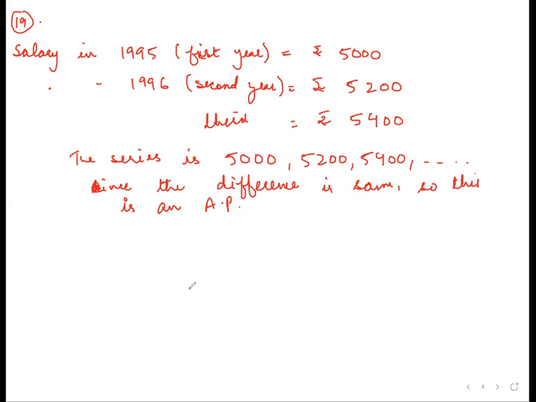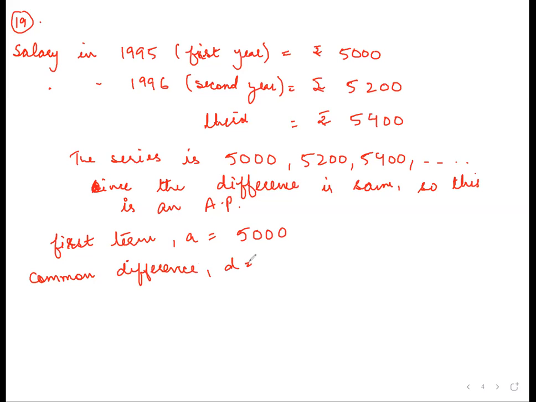Now, since this is an AP, you can mention a few things. The first term here is a, which is 5,000. Then you can find the common difference, which we denote by small d. Subtract any two terms: 5,200 minus 5,000, which is 200, right?